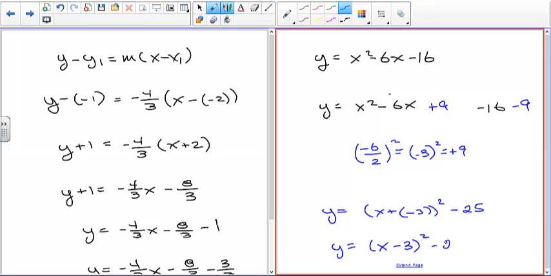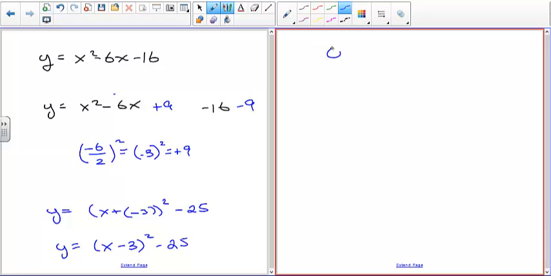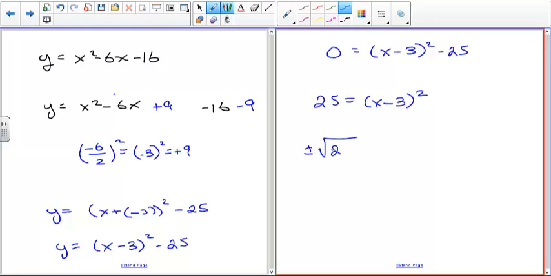Minus 25. Okay. Now to find the zeros, you're going to set the expression equal to 0. If this term is not negative, then you're out of luck. There are no zeros. But in the case, here it is. So when you move it to the other side, it becomes positive 25. Take the square root, so you get plus or minus the square root of 25 is equal to x minus 3.